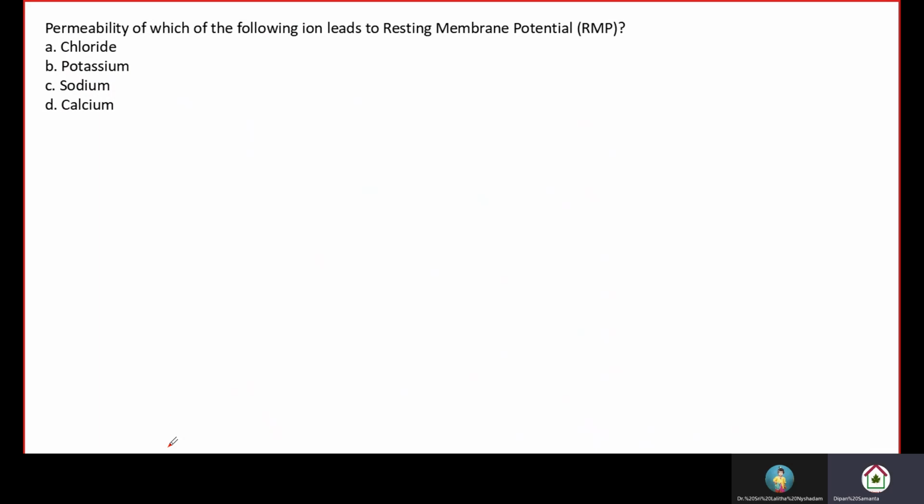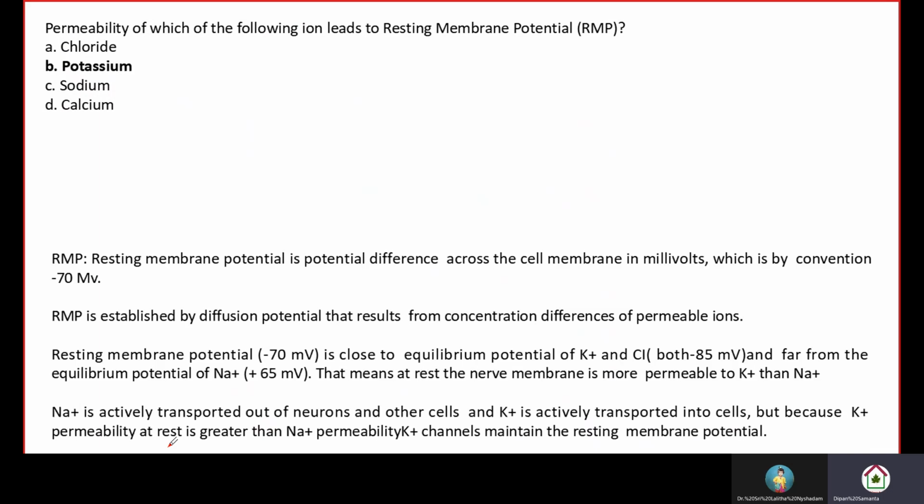Next: permeability of which of the following ions leads to RMP? Chloride, potassium, sodium, calcium. So the answer is potassium. Potassium permeability leads to RMP. So what is RMP? RMP is the resting membrane potential, right?